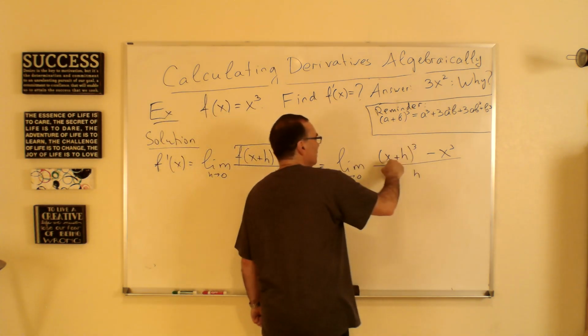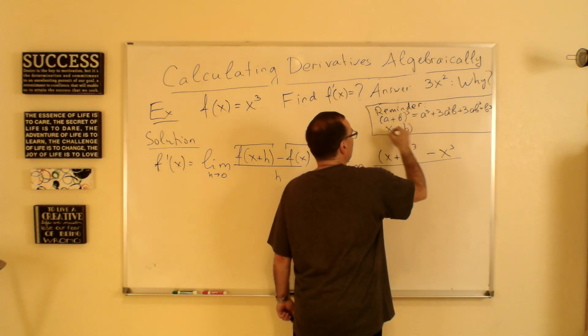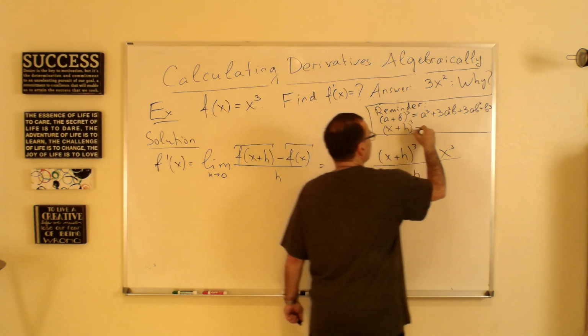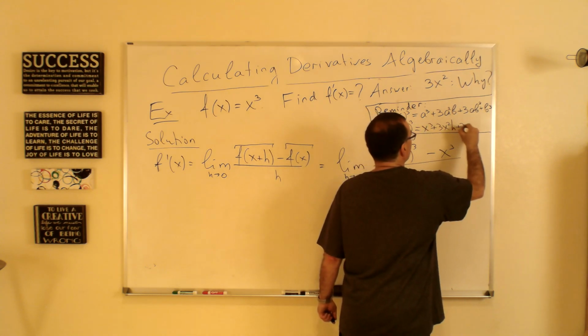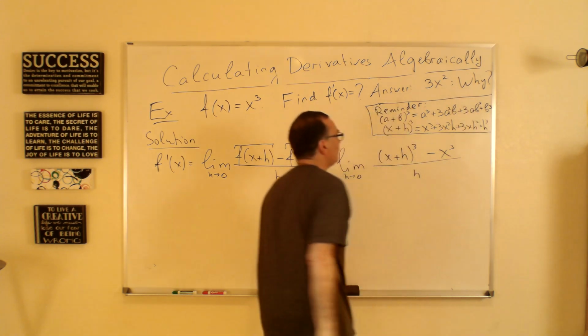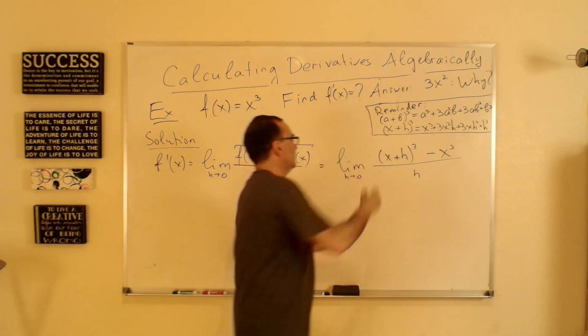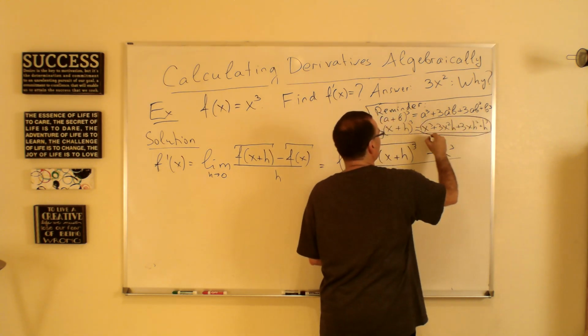And so using this formula, putting in x for a and h for b, x plus h cubed ends up being x cubed plus 3x squared h plus 3x h squared plus h cubed. And now we put it here. So this whole long expression goes here.